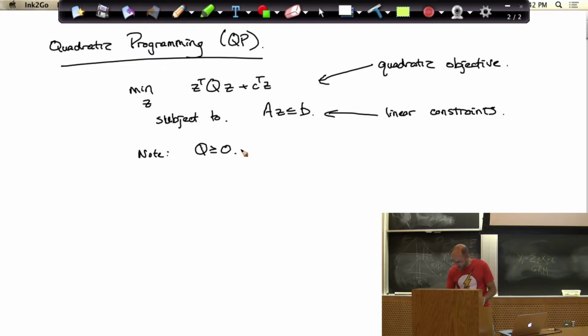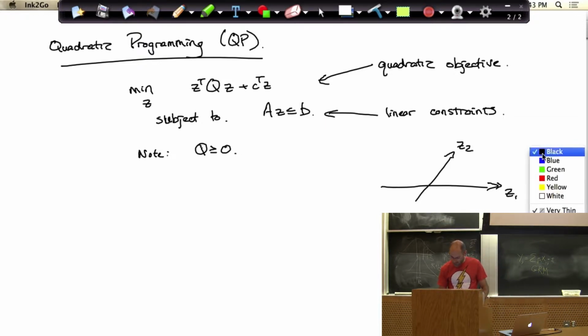The picture you should have in your head here is that you have some decision parameters, let's say Z1, Z2. These linear constraints give me some polytopic region. Each one of these constraints is a linear constraint, a half-plane constraint.